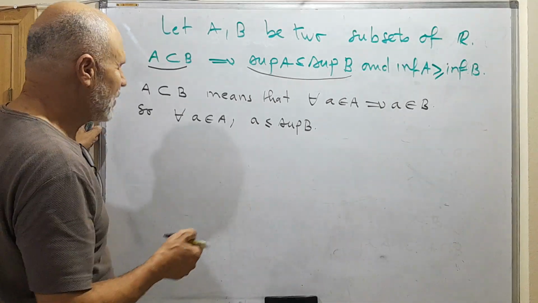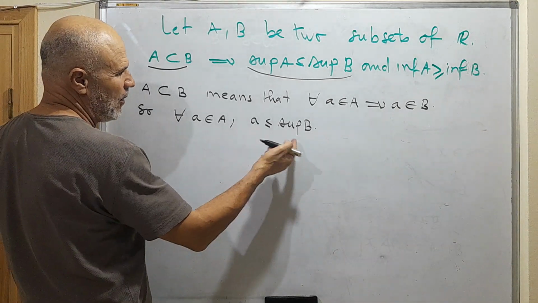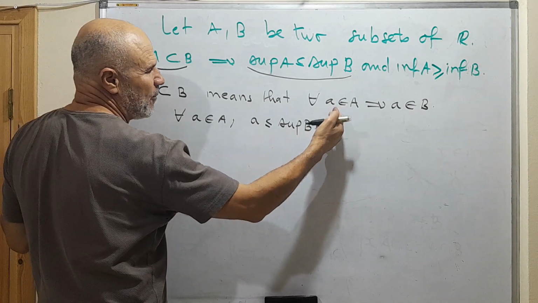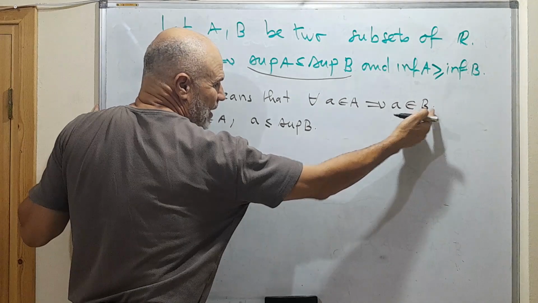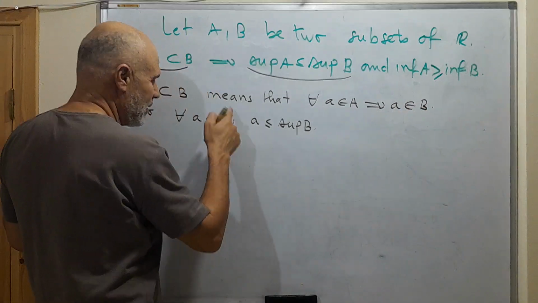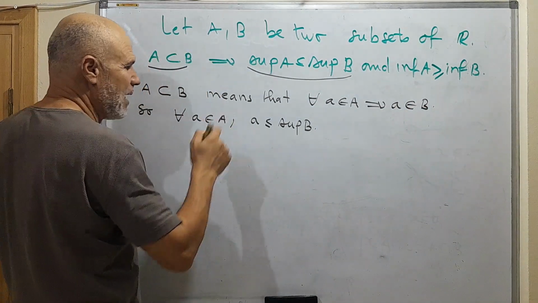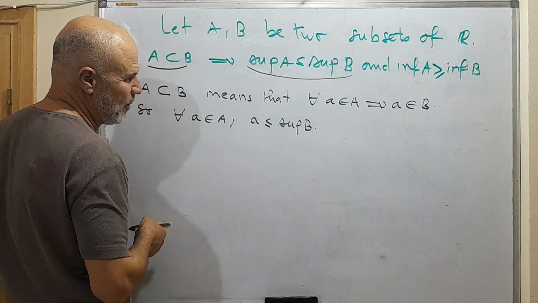And since a in A implies that a is in B, so for all a in A, a is less than or equal to the supremum of B.